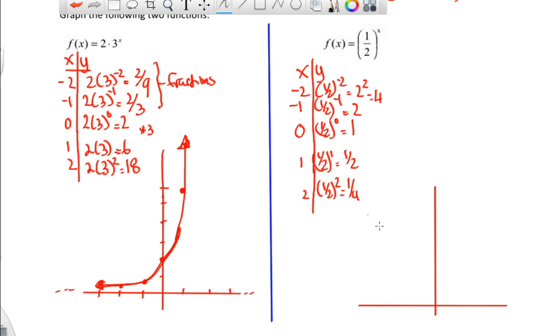And we're still not going to cross the x-axis, but this one won't run this way anymore, it's going to run this way. So at 0 we were at 1, at 1 we're at a half, at 2 we're at a quarter, negative 1 we're at 2, at negative 2 we're at 4, and that should give me enough.